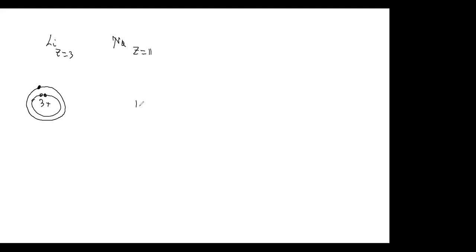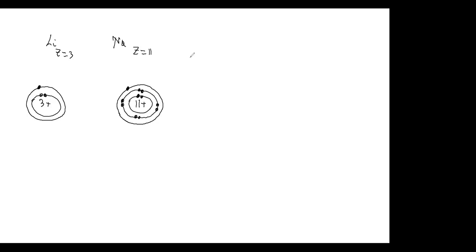And sodium has 11 protons in the center, in the nucleus, but sodium has 3 shells. So 2 electrons in the first shell, 8 electrons in the second shell, and only 1 electron in the third shell.